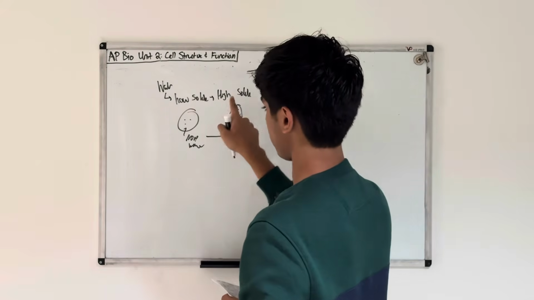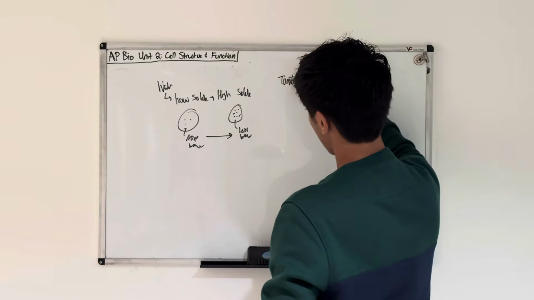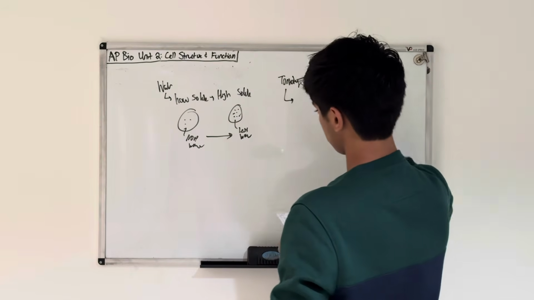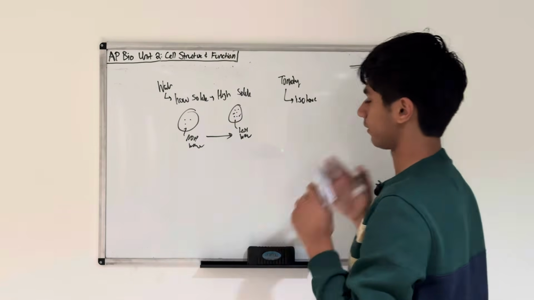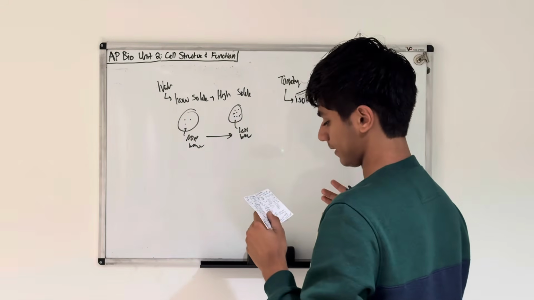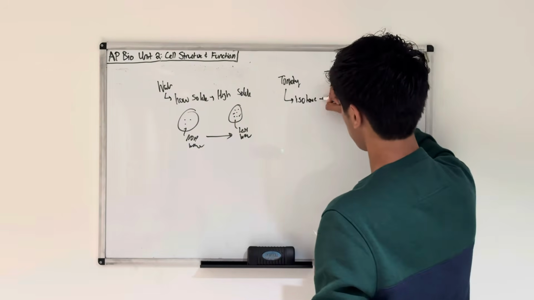So low solute to high solute concentration, and tonicity describes how water moves in a cell. We have 3 types. We have isotonic cells. This is where the solution is balanced, and so you have the same concentration inside and outside, so there's no net water movement.